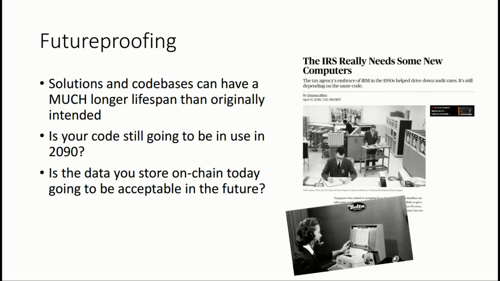Again, it sounds kind of crazy to think about today, but I guarantee you, if you went back in time and asked that software engineer in the late 1950s, do you think your code is still going to be in use in the 2020s? I'm sure they would have laughed at you pretty hard.